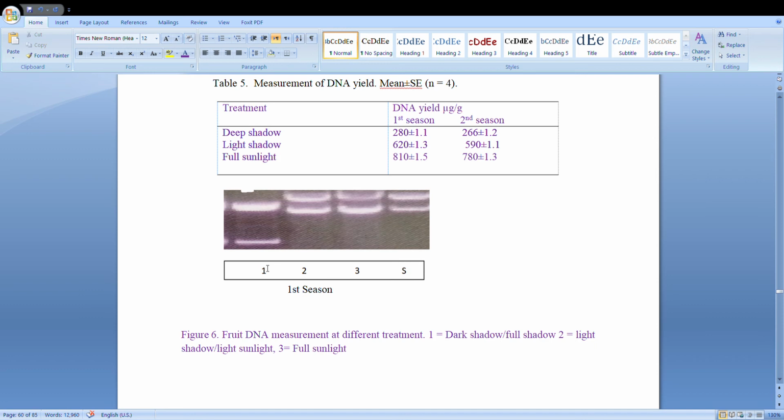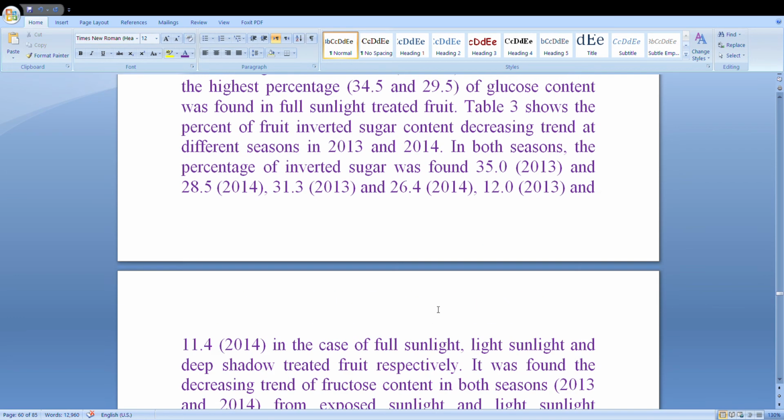This is the dark one. This is light penetrated. This is the standard. It will flow as the standard. This is the dark, this is the light, the full light. So these are the topics.